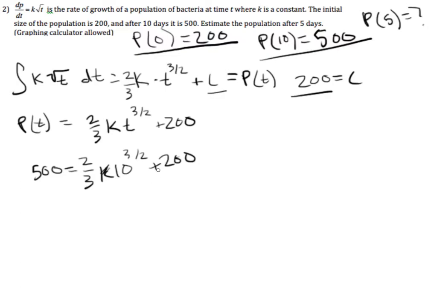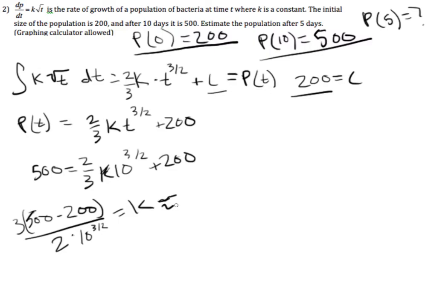So if you go ahead and subtract 200 from both sides, you have 500 minus 200, divided by 2, multiplied by 3 from that 2/3 right there, and then we're also going to divide by 10 to the 3/2. Plug that into your calculator and you will get your k value, which is approximately 14.2302.